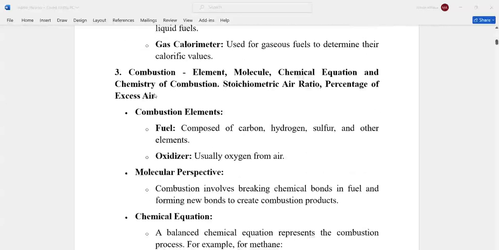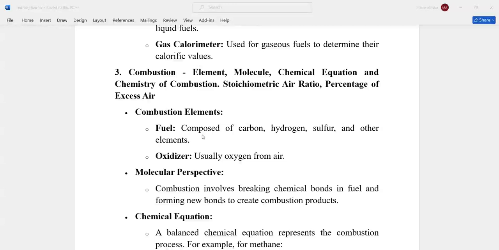Next in our discussion, we are going to look at combustion of elements, and of course, we are talking about the fuel. Most of the fuels we are talking about are composed of carbon, hydrogen, sulfur, and other elements in their mixture.